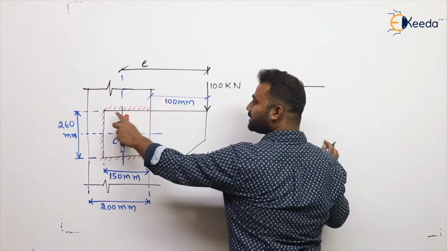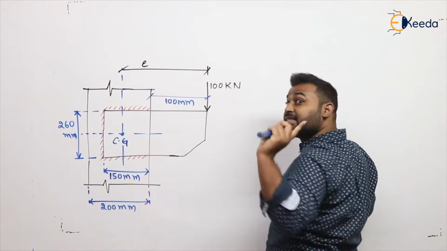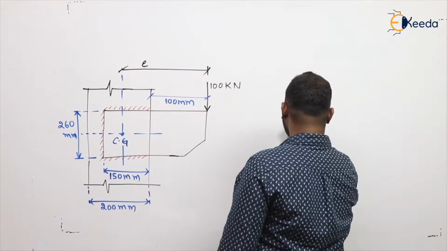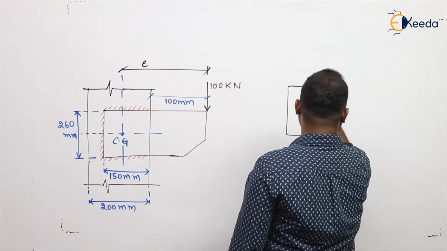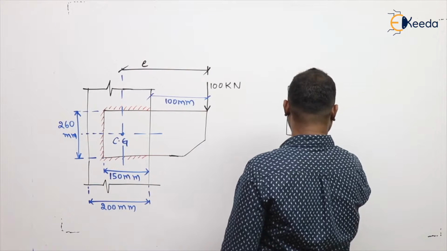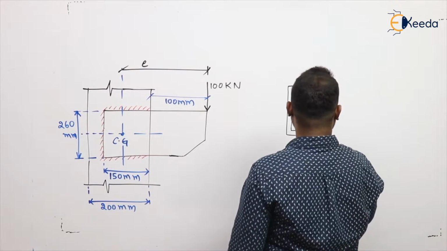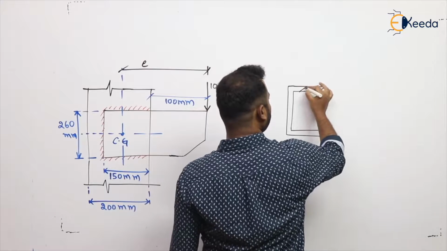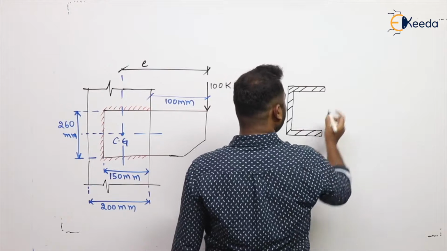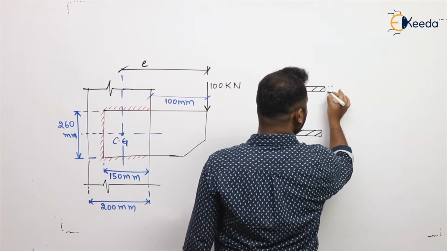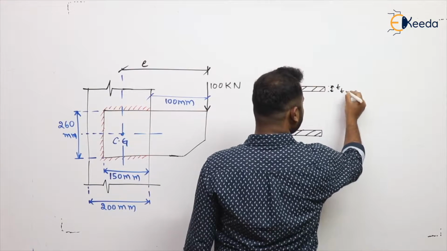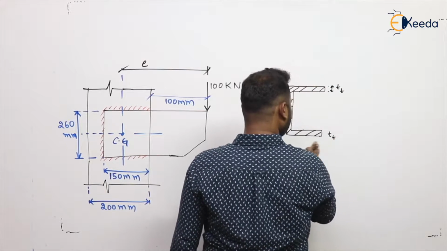So here I'll show the fillet weld cross section. If we observe here, this fillet weld cross section looks like a C channel, a C shape, right? So this is the cross section of the fillet weld. This is the throat thickness TT, and here also throat thickness TT.